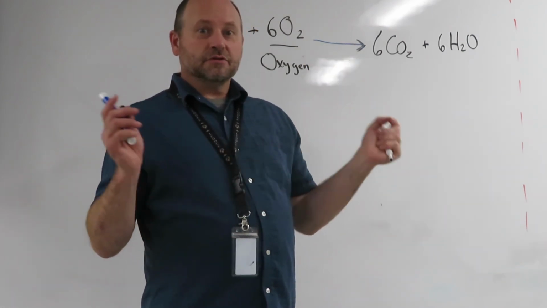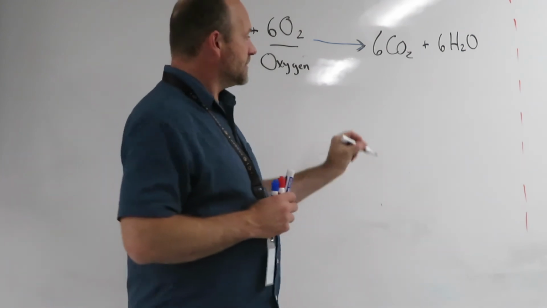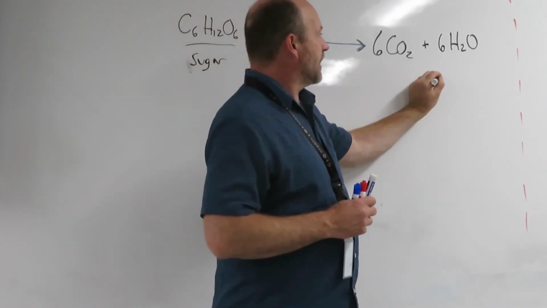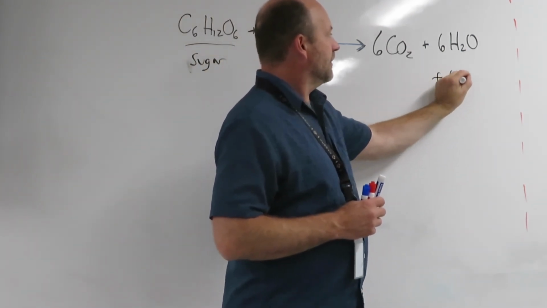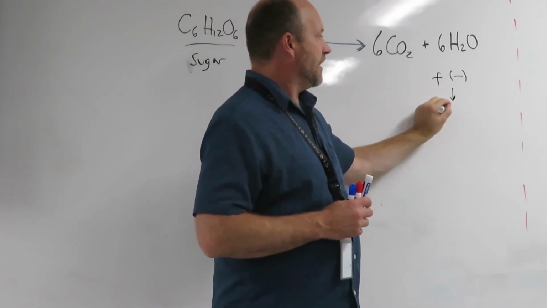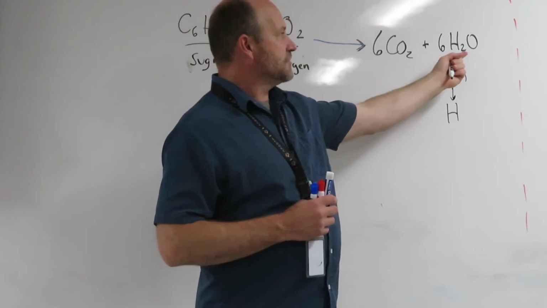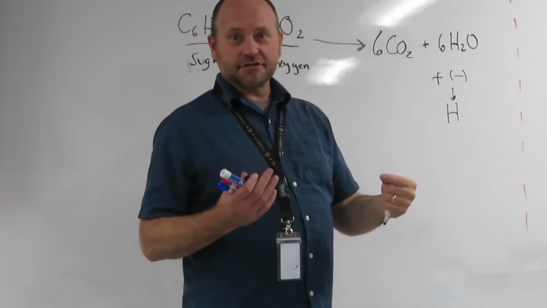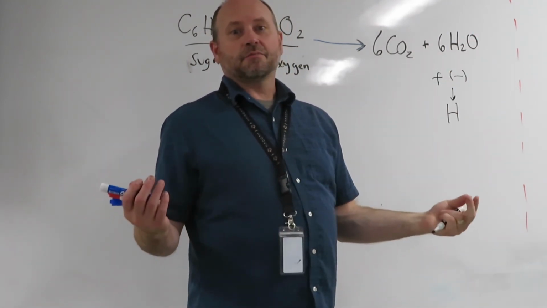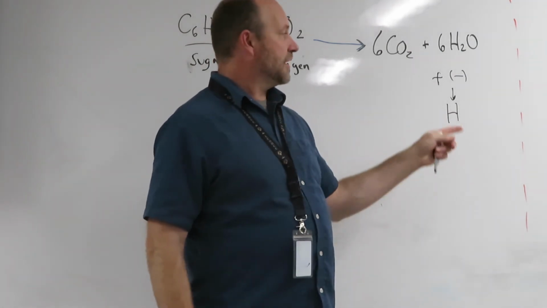In doing so, protons will follow. Basically, if you have a proton and an electron, what you have is a hydrogen. And so what are we doing? We're adding 2 hydrogens to the oxygen. By the oxygen being electron acceptor and the protons following the electrons, we get water.